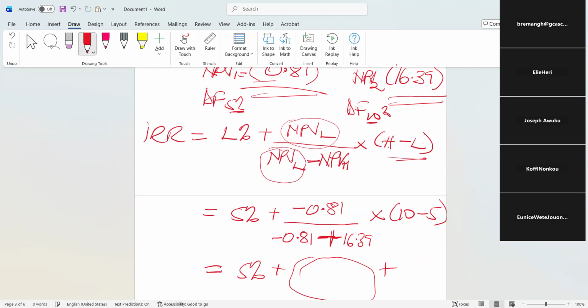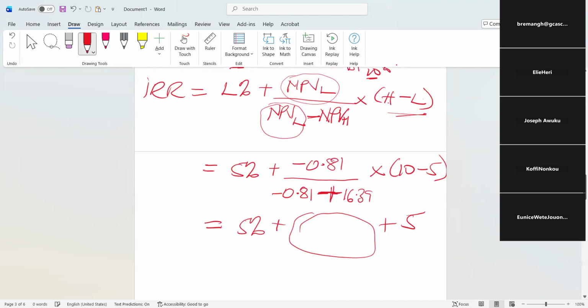Then this side, 10 minus 5, is still 5. Now do what is in the middle for me: negative 0.81 all over negative 0.81 plus 16.39.